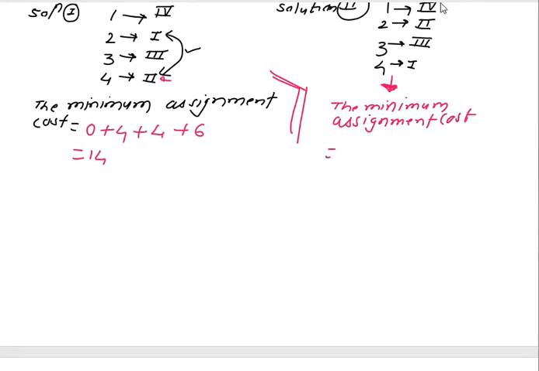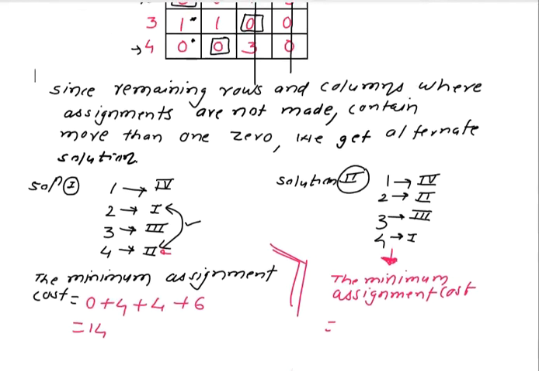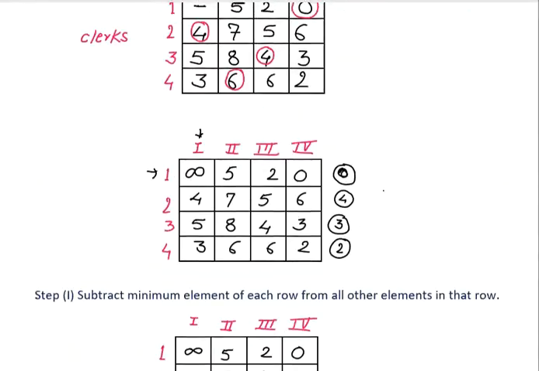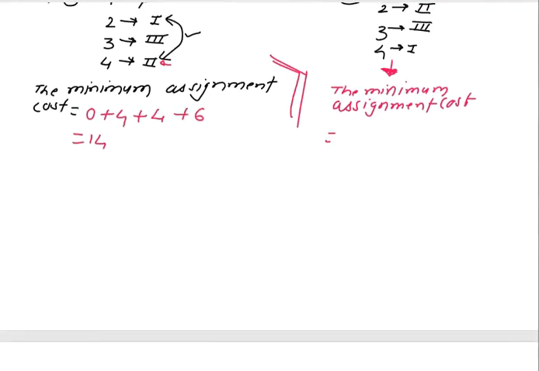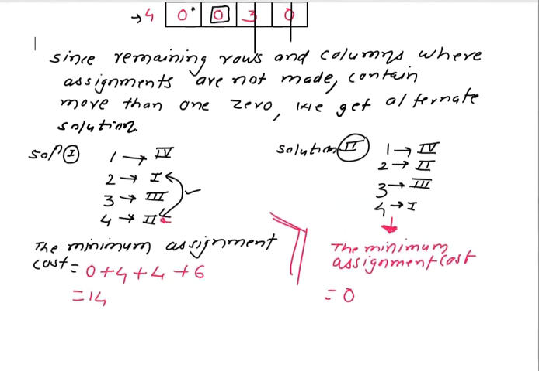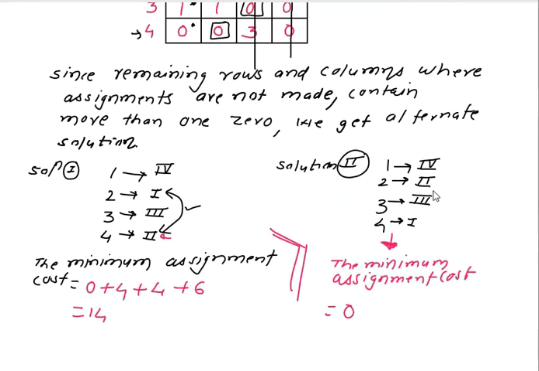Clerk number 1 is assigned to job number 4. So first assignment is the same. Third assignment is also the same. So let us write down this cost now. First clerk is assigned to job number 4, so in the second solution we use the same cost 0. Then second clerk is assigned to job number 2.